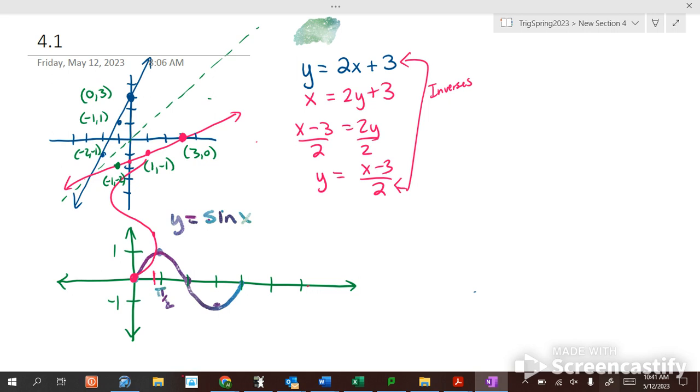So the sine of x went on forever like this, right? What happens with the inverse sine of x is its domain is stuck in between -1 and 1 because it kind of goes back.